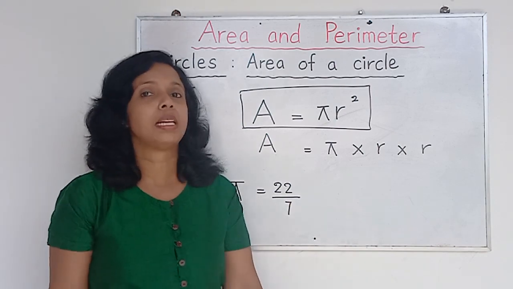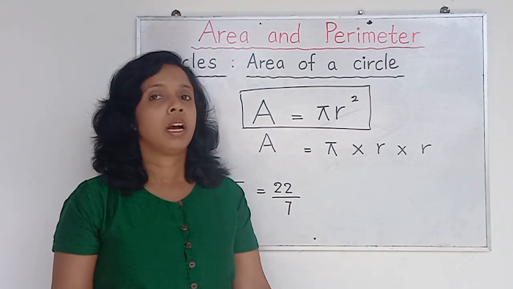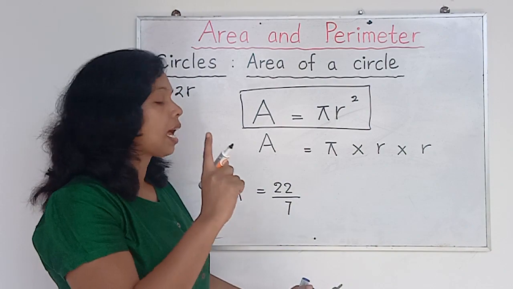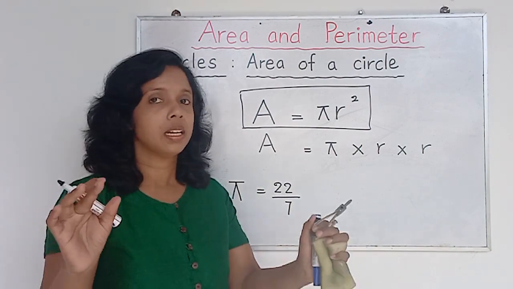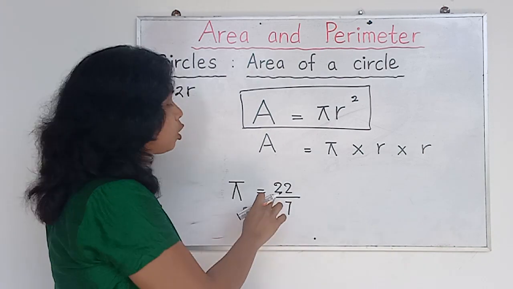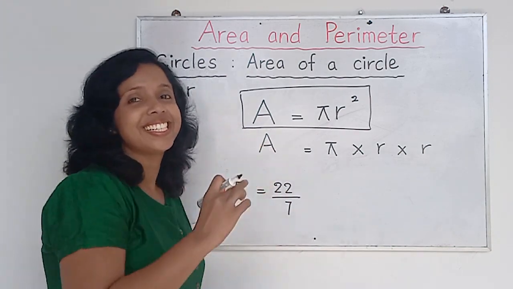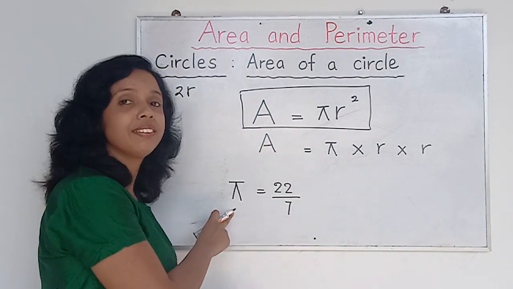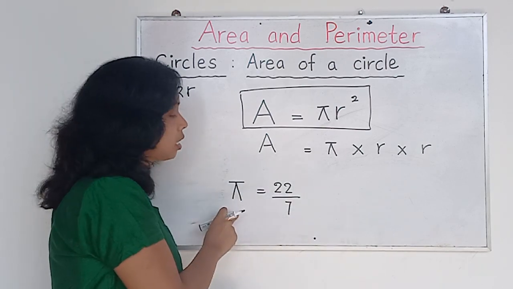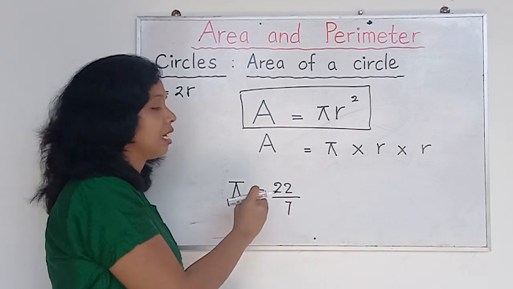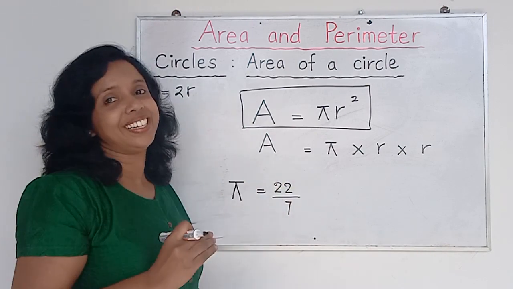Sometimes in your textbook, you may use another value for π, 3.142. But most of the time, we use 22 over 7 as the π value. So mathematicians have found this, and we use 22 over 7.